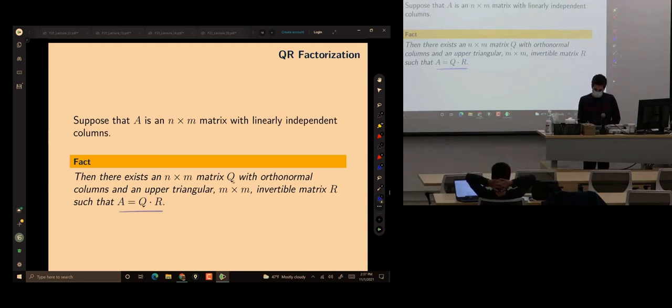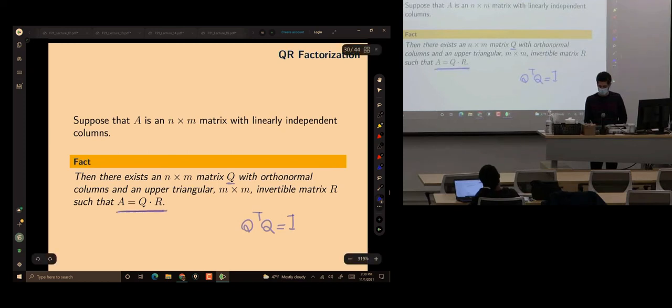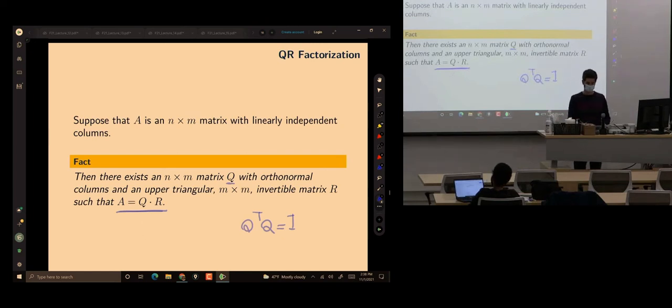So Q is an orthogonal matrix, orthonormal, more than orthogonal. They're also normalized, so you get the identity matrix. It has this property that Q transpose Q is the identity. And we can factorize any matrix A. A can be rectangular, tall, here.